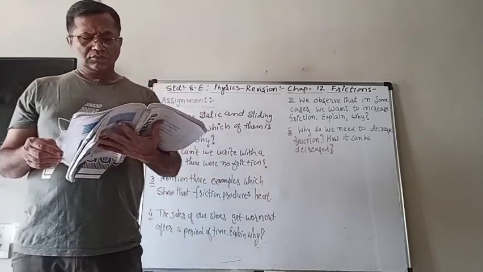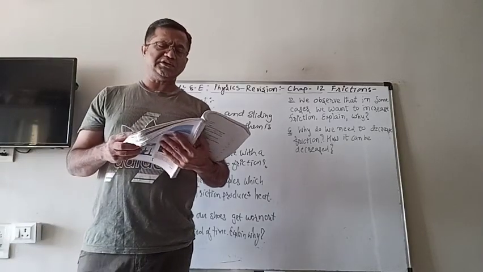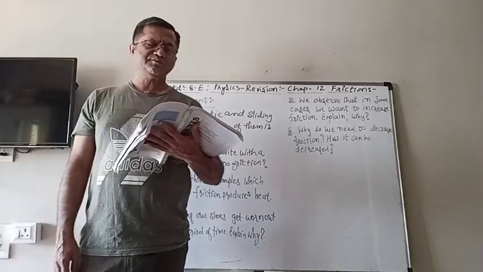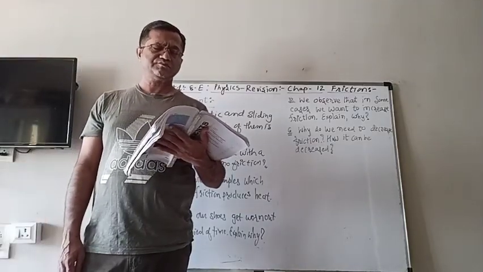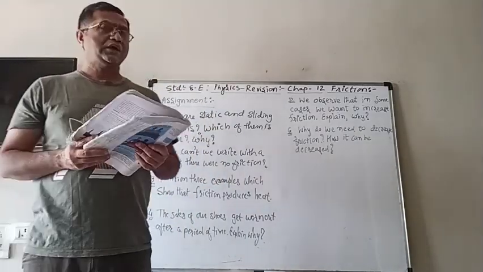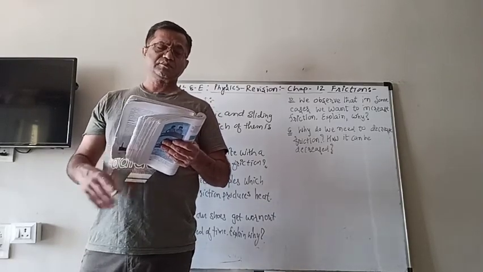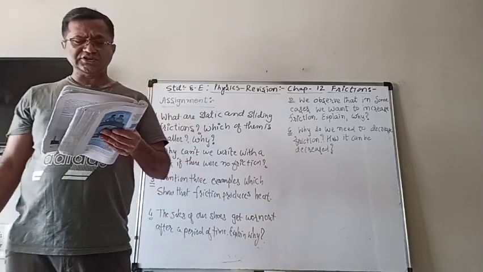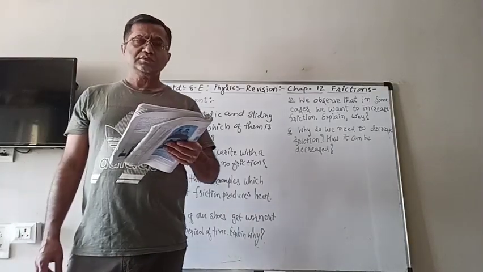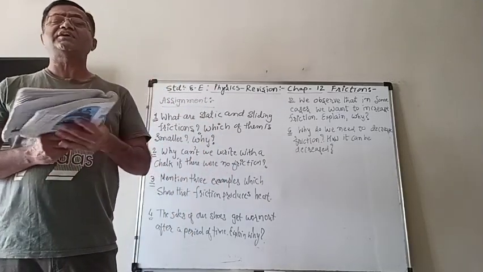Now, friction, as we saw, is because of the irregularities in the two surfaces. Now, if we want to move an object from its position in which it is at rest, it is not easy to move the box from rest.